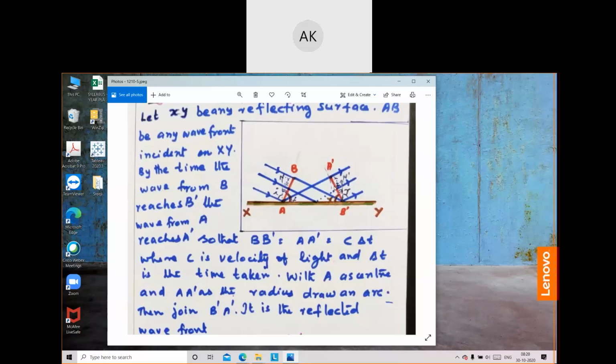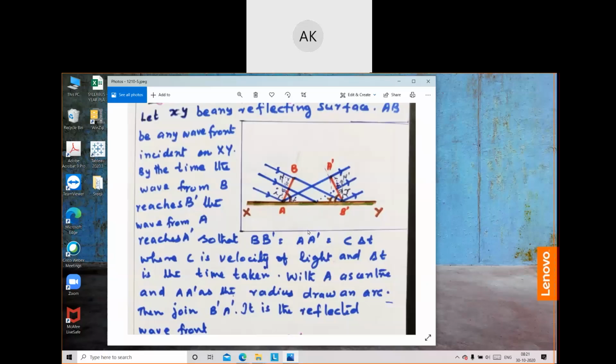Huygens principle is that drawing a tangent in the forward direction will give the position of the secondary wavefront. So you have to draw a tangent from B dash to this arc. So we get B dash A dash, that is the reflected wavefront. This is the way to draw the reflected wavefront.